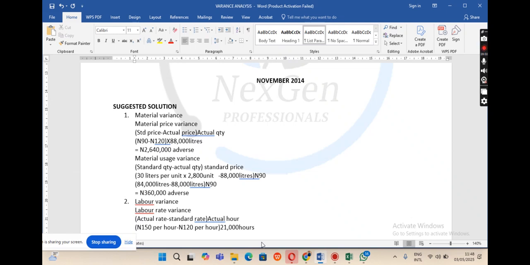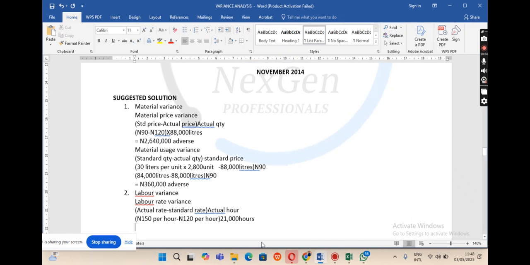So is this favorable or adverse? Let's check. You said the standard is that you want to spend 120, you end up spending 150.